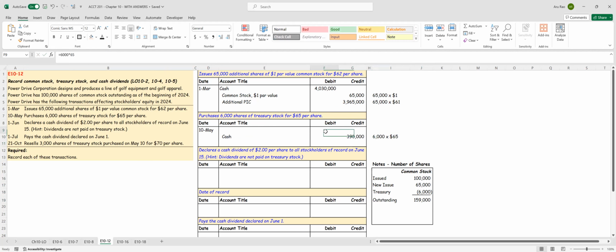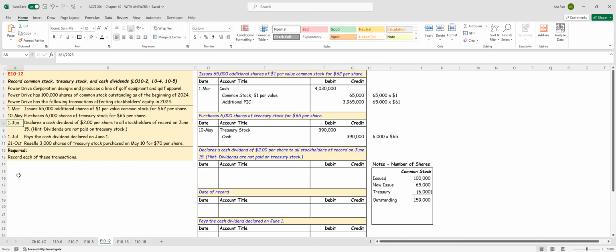That's $390,000, 6,000 times $65 per share. And once it comes back to me, I call it treasury stock. I'm not going to call it common stock. The treasury stock is saying I hold it. I know what I have issued. I've issued 165,000, but 6,000 is held in treasury. Therefore, I have 159,000 outstanding.